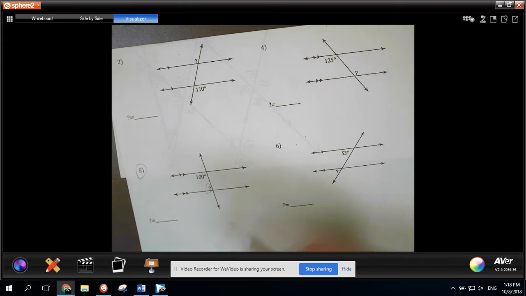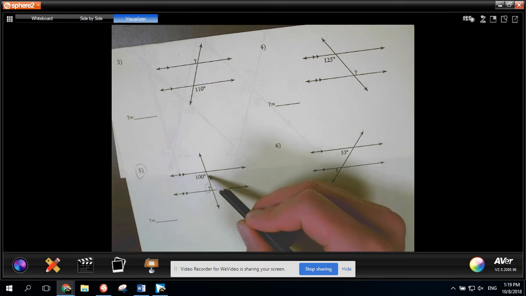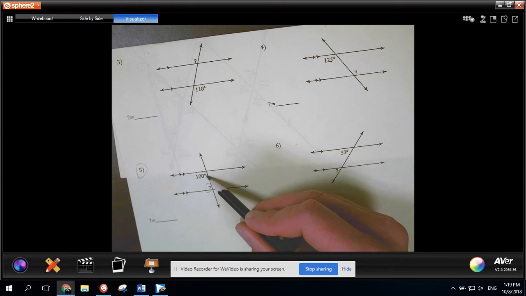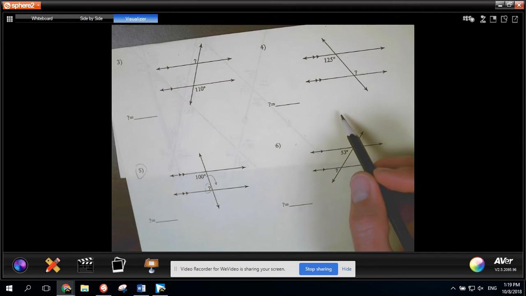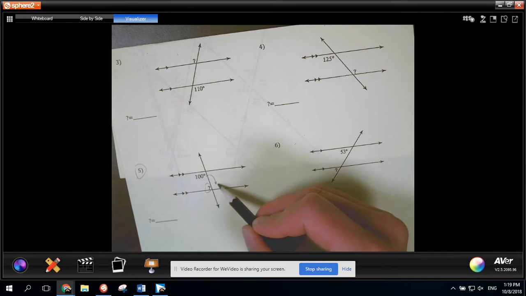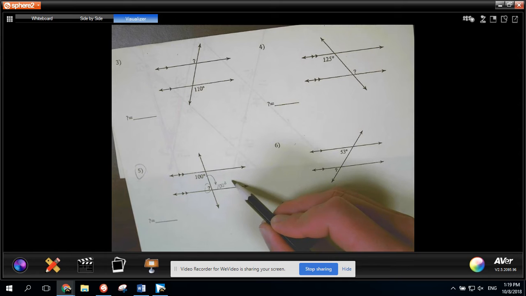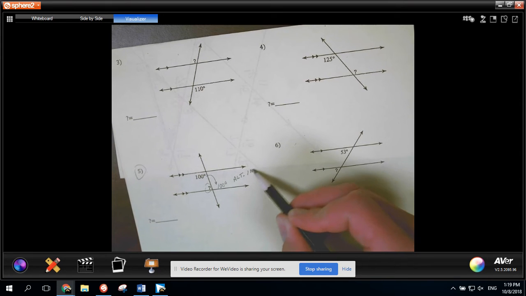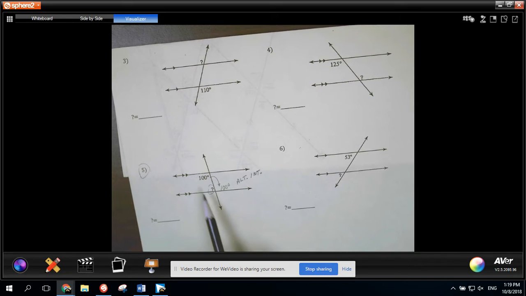So the first thing that I think we could do is if we identify this angle right here, that would be 100 degrees because it is an alternating interior angle with the 100 degrees here. And then we've got the second step.